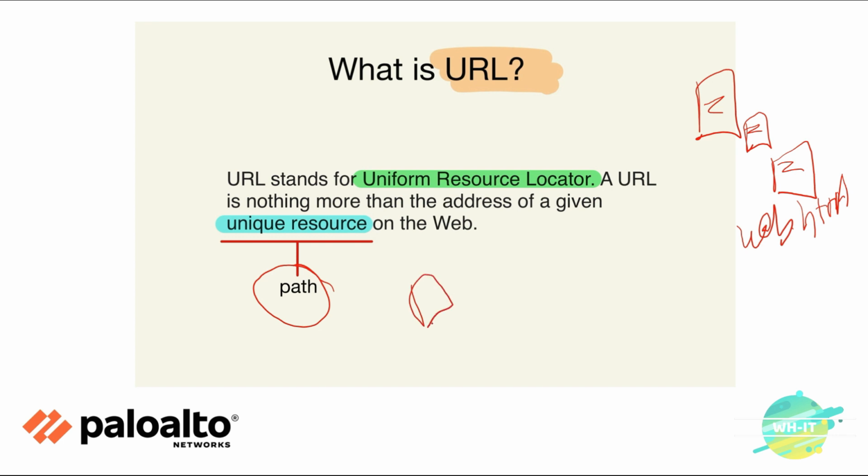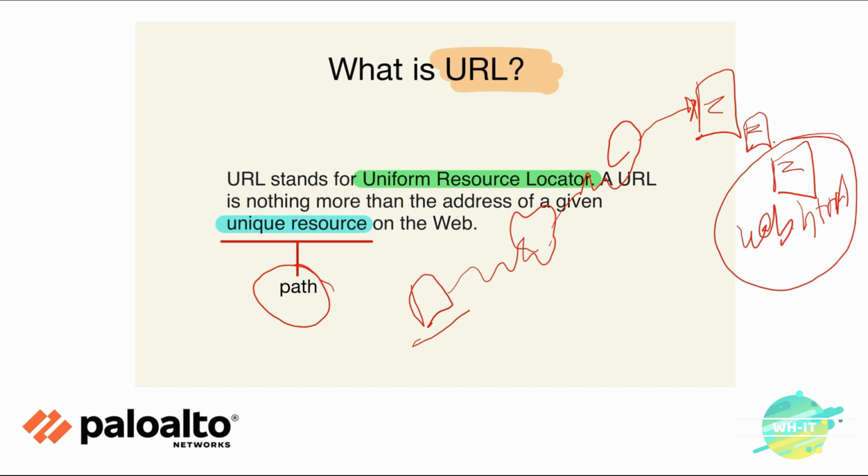If a user would like to access this web server, they go onto the internet, from the internet they hit the web server, and the path to this particular file is called the Uniform Resource Locator, or URL. So this is a very simple definition of the URL.